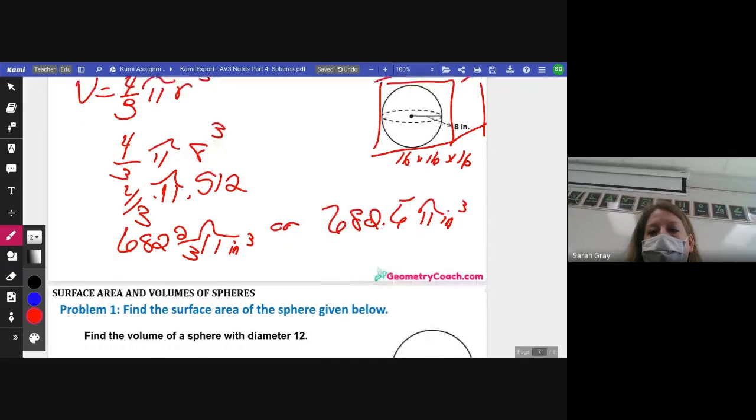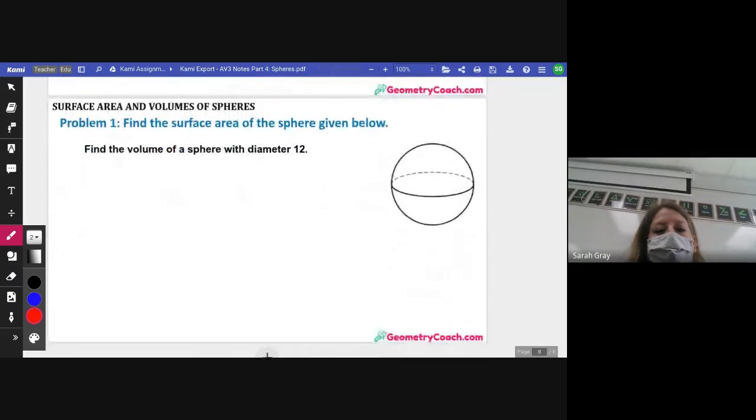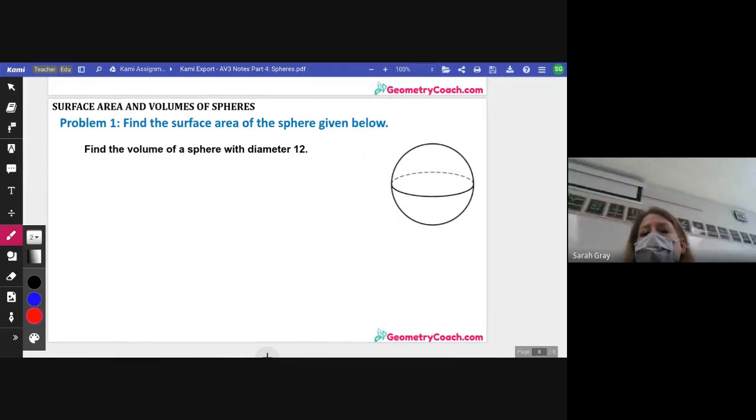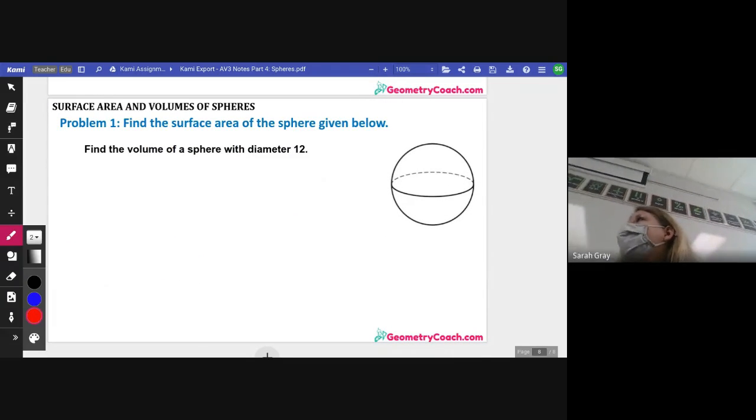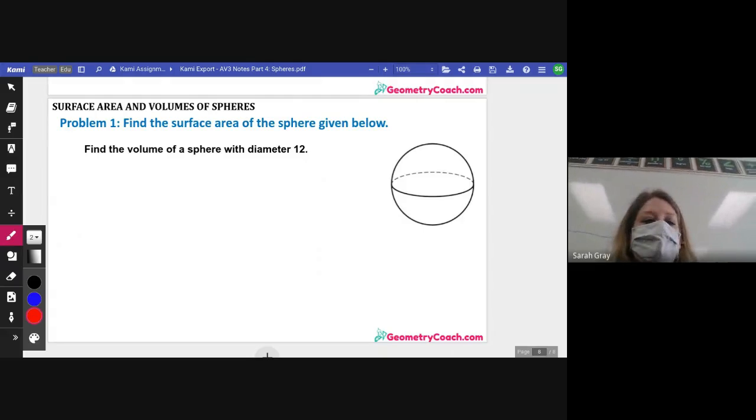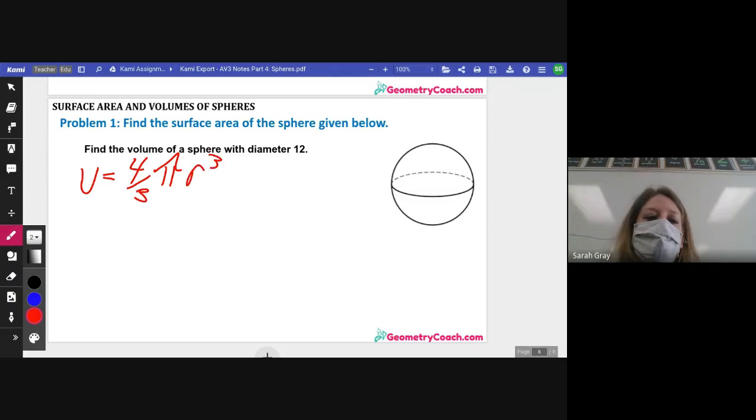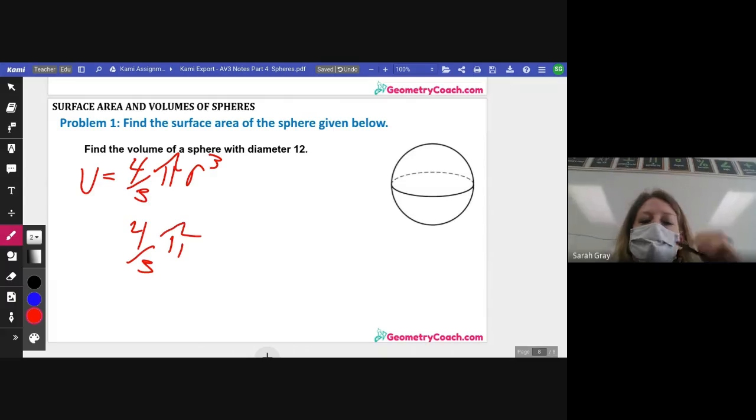All right. Last one. We did the surface area of the sphere with diameter 12. Now we're going to do the volume of the sphere with diameter 12. 4/3 pi r cubed. So what is my r? Ella.